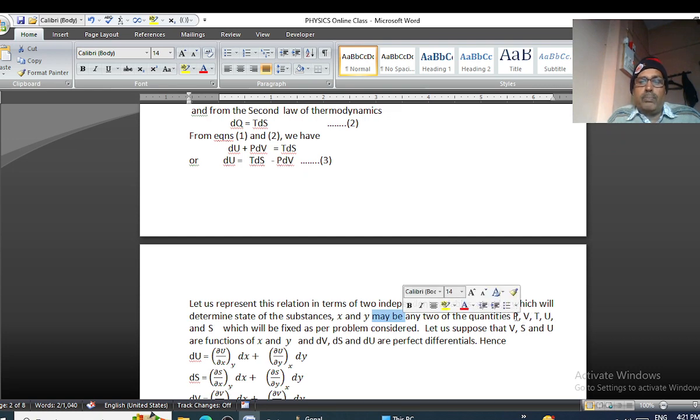P may be x, P may be y, V may be x or y, T may be x or y, U may be x or y, and S may be x or y. So U is a function of x and y.